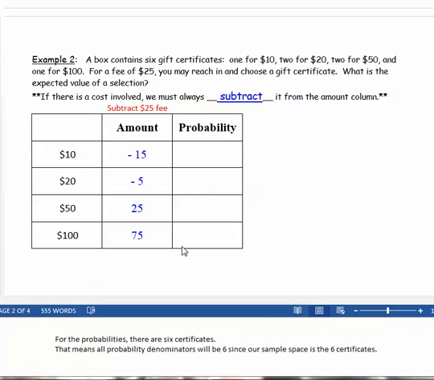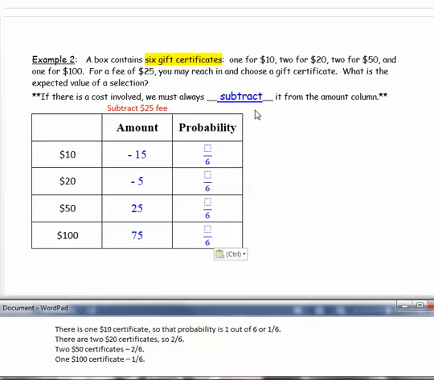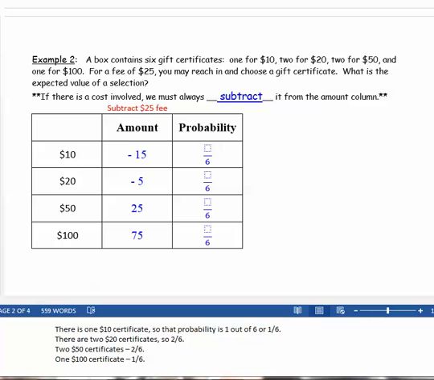For the probabilities, there are 6 certificates. That means that all the probability denominators will be 6, since our sample space is the 6 certificates. There is one $10 certificate, so that probability is 1 out of 6, or 1/6.